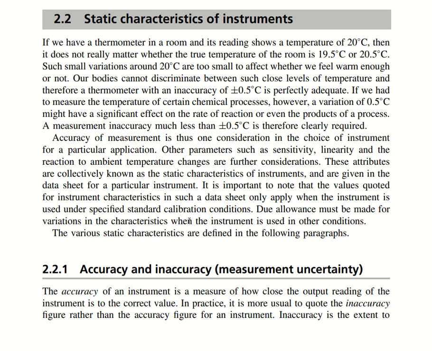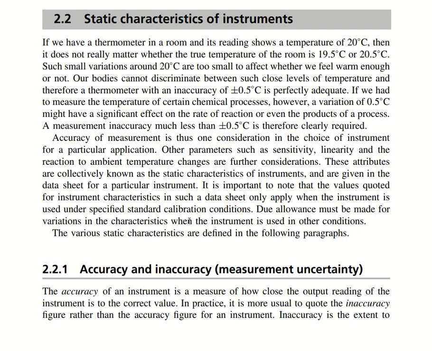But if we had to measure the temperature of a certain chemical process, the variation of 0.5 degrees Celsius might have a significant effect on the rate of the reaction or even the product of the process. So a measurement inaccuracy of less than 0.5 degrees Celsius is clearly required, and accuracy of measurement is thus one consideration in the choice of instrument for a particular application.